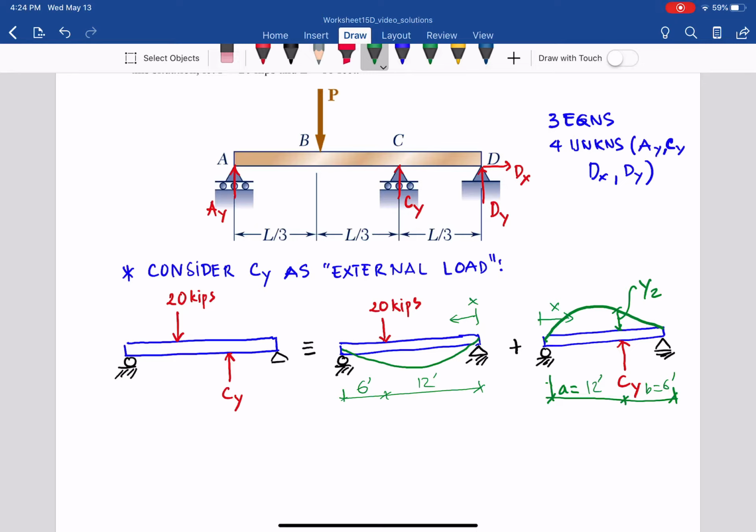And then the point C, let point C be here. The deflection at point C is what we are interested in, because that is compatibility.